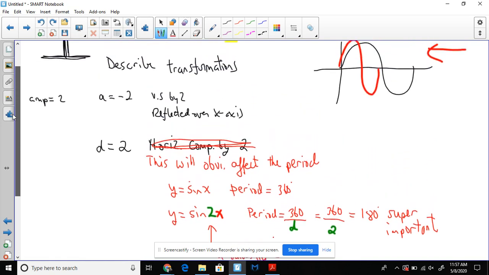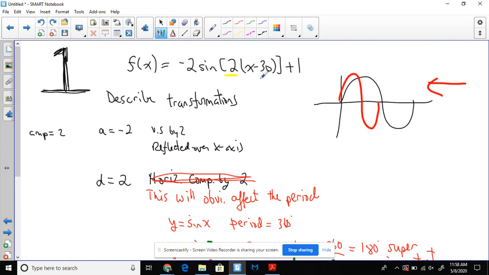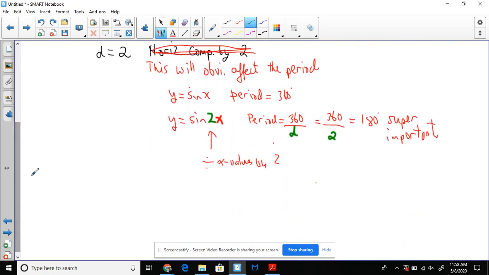And then if I go back, let me see. This I called H, and this I think we called K, because I wanted it to be consistent with the quadratics. So my H value is negative 30. Remember, it's negative, so that means I'm going to move in the opposite direction, so 30 degrees in the positive direction.